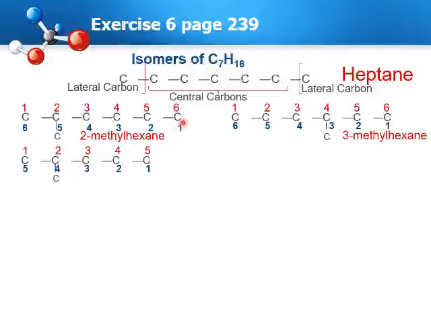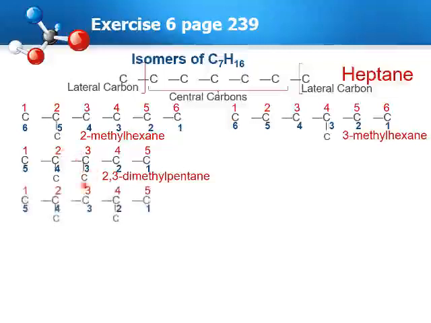But this carbon which is taken off can be attached to this carbon or to this one. When attached to this one, we obtain an isomer with 2 methyl groups, the 2,3-dimethylpentane.